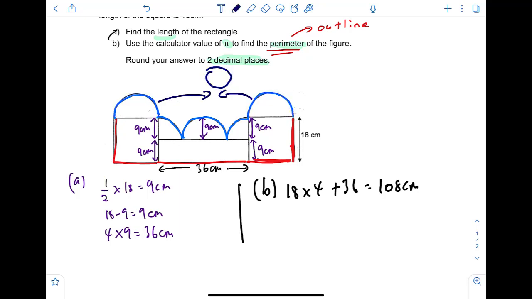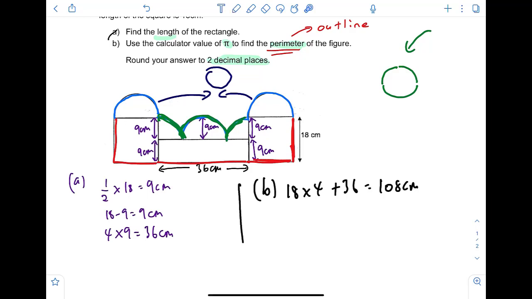Now how about the other curved parts? We have this quarter here, plus this quarter, plus a semicircle. These three green parts, I'm going to draw over here. So we have a quarter, another quarter, and one semicircle.